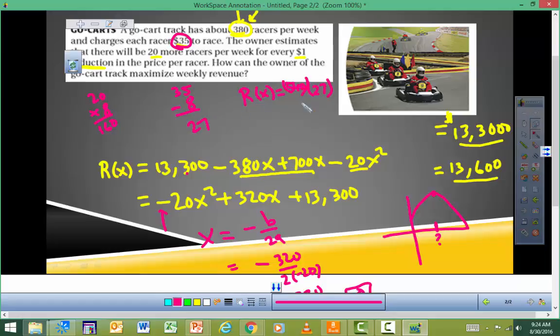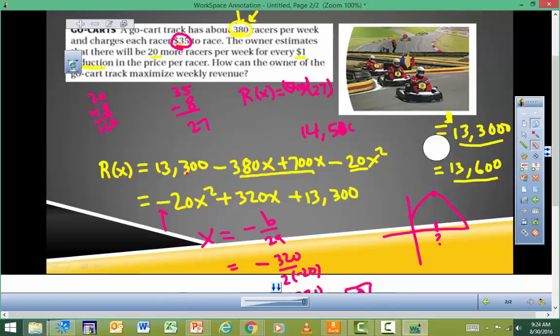So if I take these two and multiply, I get $14,580. I'll rewrite it here. 14,580.